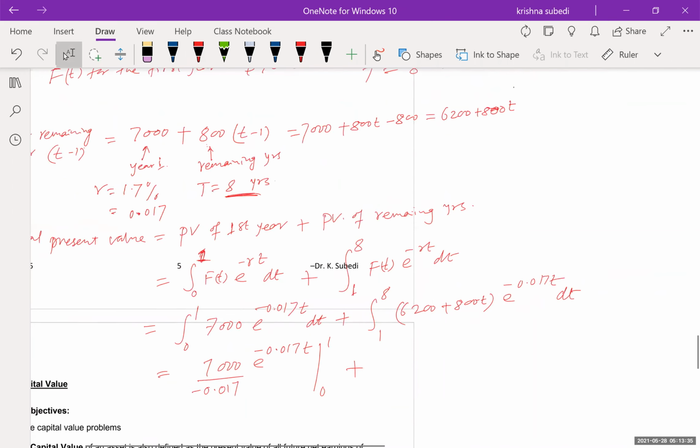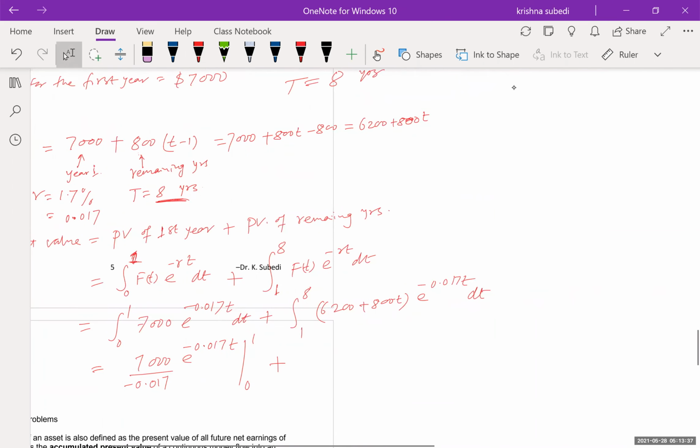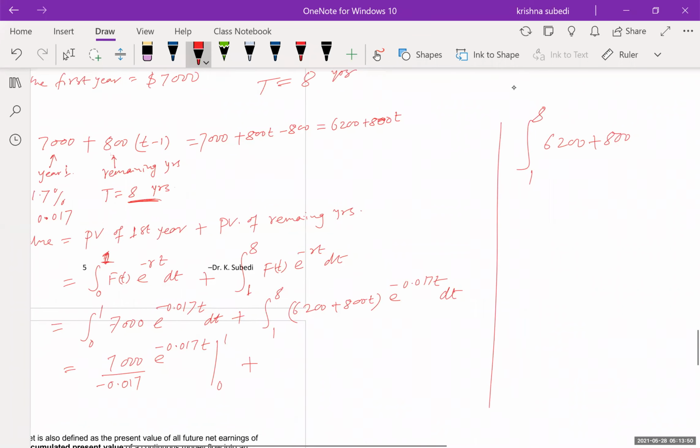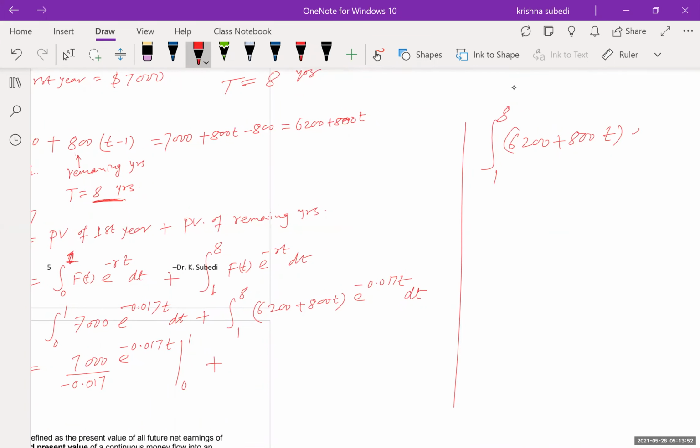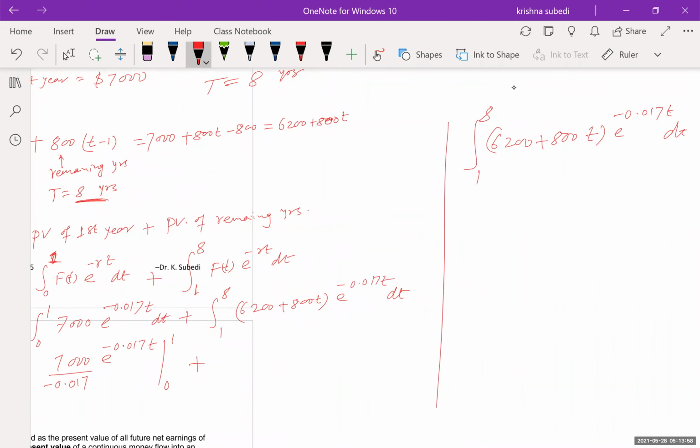Let us do one thing. These are two different functions, so let me evaluate this integral, 1 to 8, of 6200 plus 800t times e raised to power negative 0.017t dt.